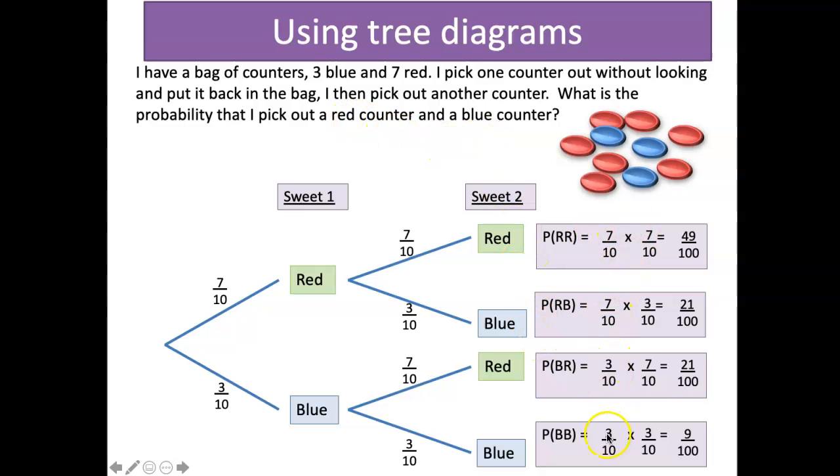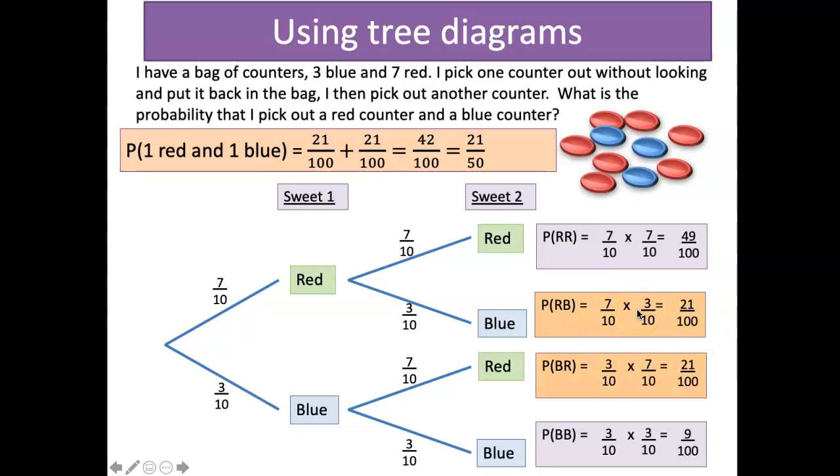So we need the probability of red and blue and the probability of blue and red. This is what we want. These two we can now add together to solve for the probability of getting one red and one blue.